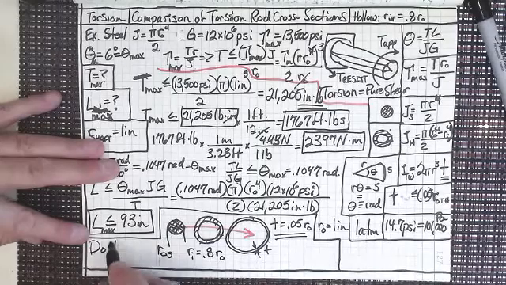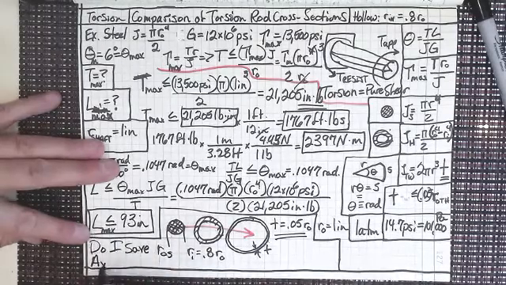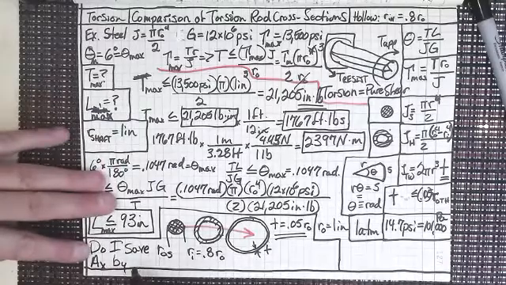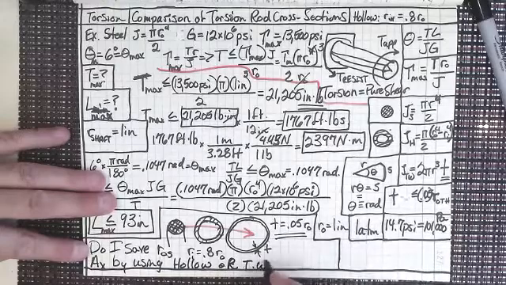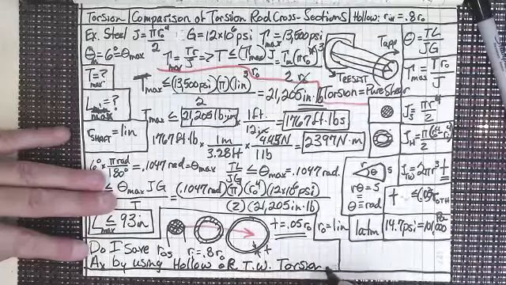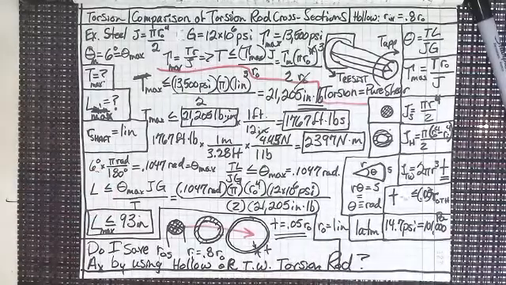Do I save cross-sectional area by using hollow or thin wall torsion rod? The answer is yes. Yes, in a big way.